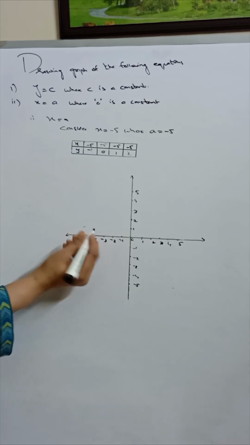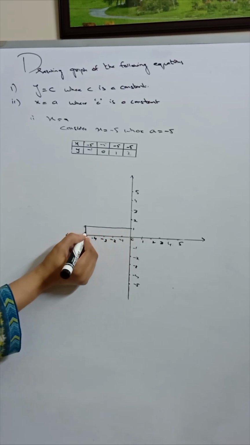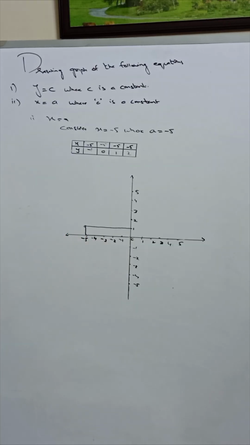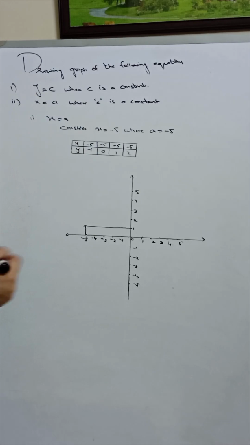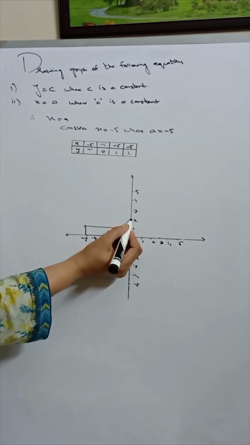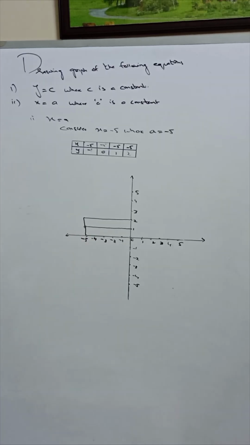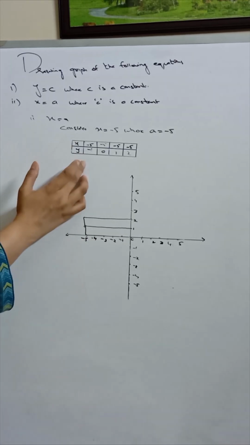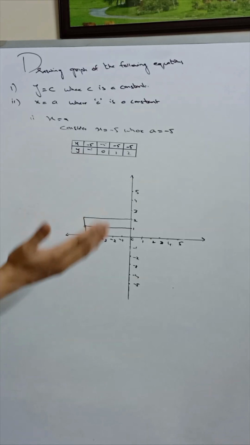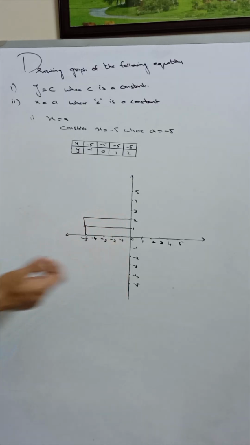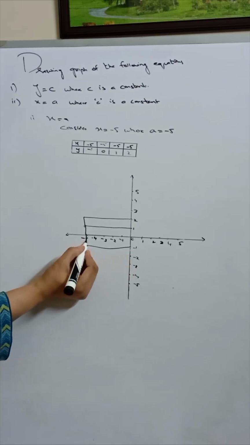So join this point. You got it? Now next, x is -5 again, but y is 2. Again, this point is joined with -5. You got it? If x is -5 again, y is -1. It will be on the downward side like this. So come here and join with it.